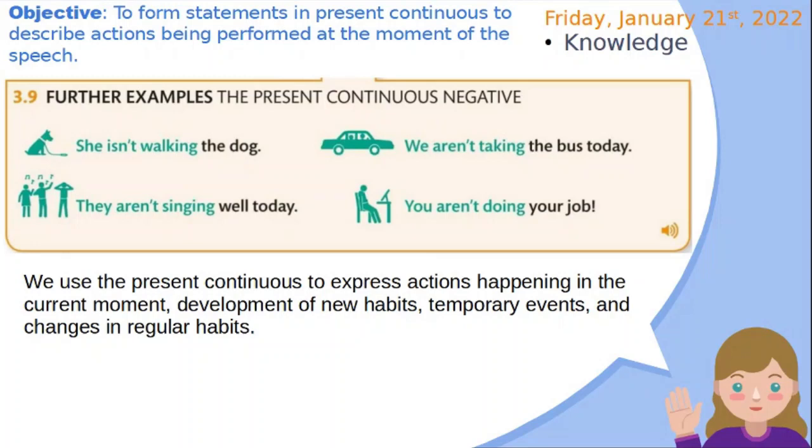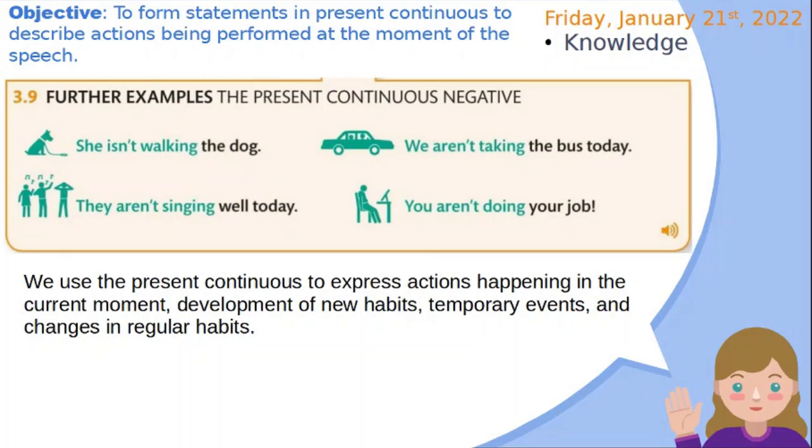We also use the present continuous to express the development of new habits, to express temporary events, and also to express some changes in regular habits. When you break the routine, you need to use the present continuous to express that change in the routine or in a regular habit.